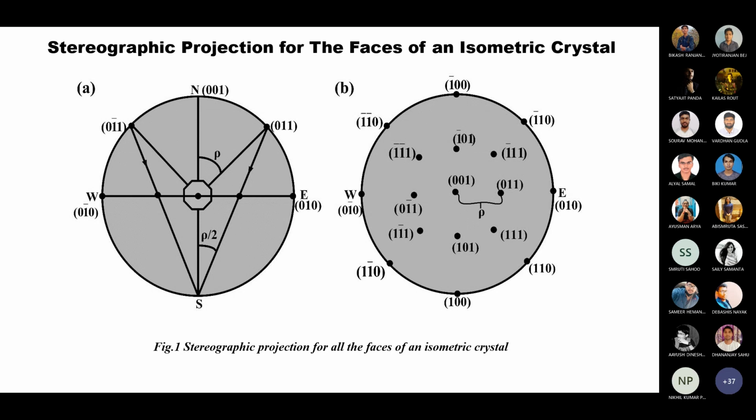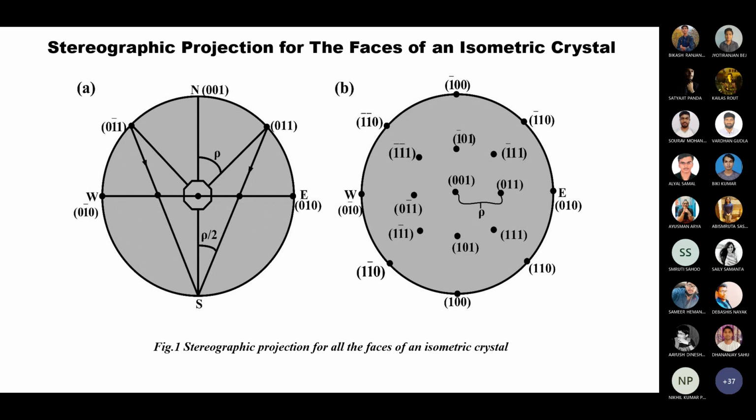In between, if you want to see the direction at a 45-degree angle, it will be 1 bar 1, 0. So there is a good relationship. If you add any point on the perimeter of the circle, you can get the orientational direction in between them.